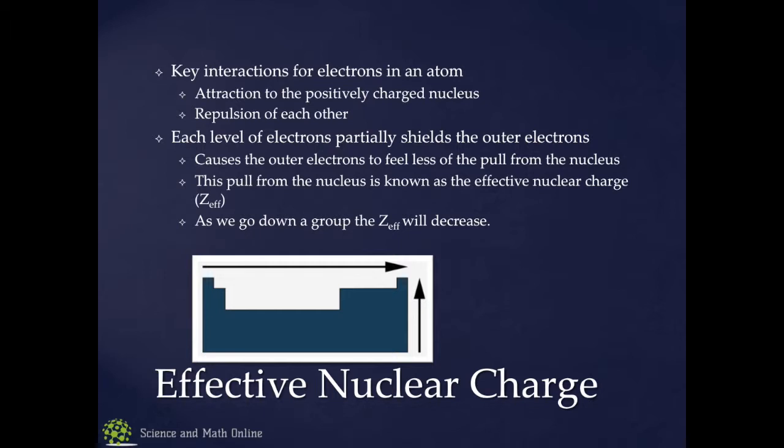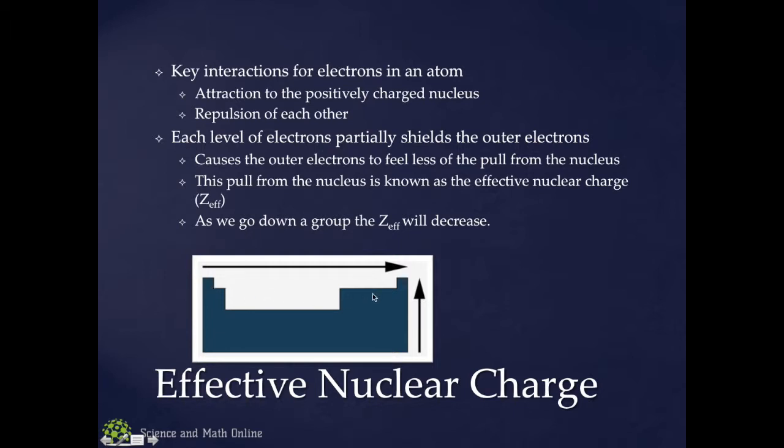So when I'm in hydrogen, that electron's right next to that proton. It's going to feel it perfectly. But when I get down here to francium, I can't remember its atomic number off the top of my head, but it's got like 70-something other electrons in between this electron and the nucleus. And so it just has a hard time feeling that nucleus. And so this has the lowest effective nuclear charge down here, francium. And that'll come into play as we go along later.